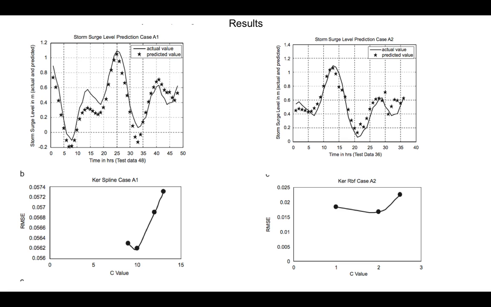RMSE stands for root mean square error, and we're trying to find out the basis vector for the best value of C that minimizes the RMSE. We see in the first case, in which the kernel transformation function has been chosen to be a spline, the RMSE goes down to 0.05 for a value of C which is equal to 10, while in case of the RBF based kernel transformation, the RMSE goes down to about 0.015 for a C value of 2.